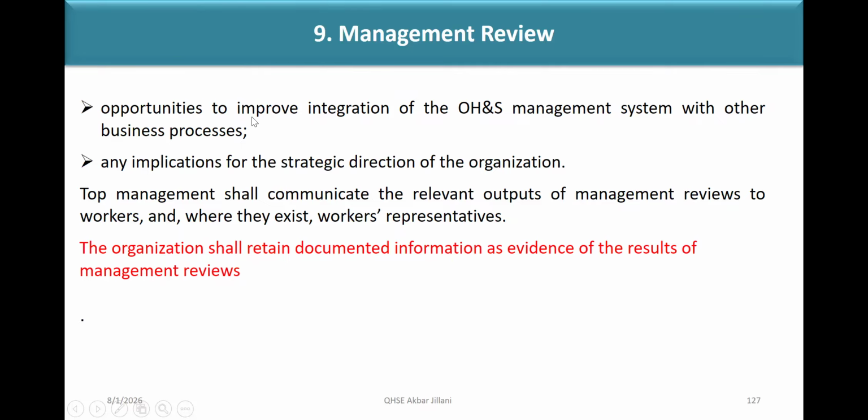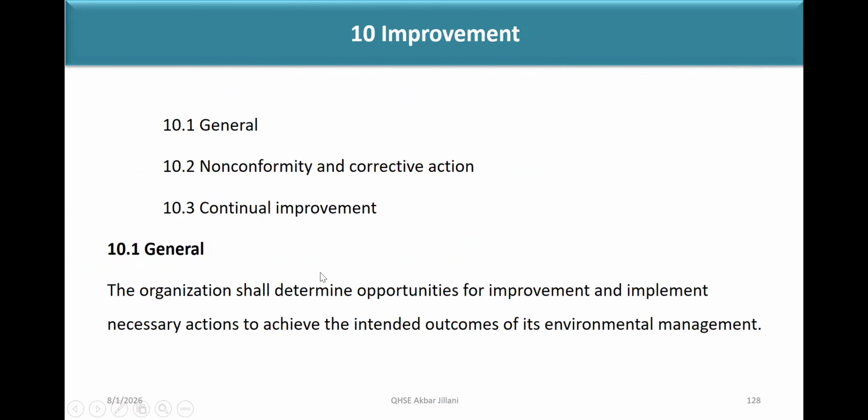Opportunities to improve integration of the OHS management system with other business processes, any implication for the strategic direction of the organization. Top management shall communicate the relevant output of the management review to workers and, where they exist, worker representatives. The organization shall retain documented information as evidence of the result of the management review.